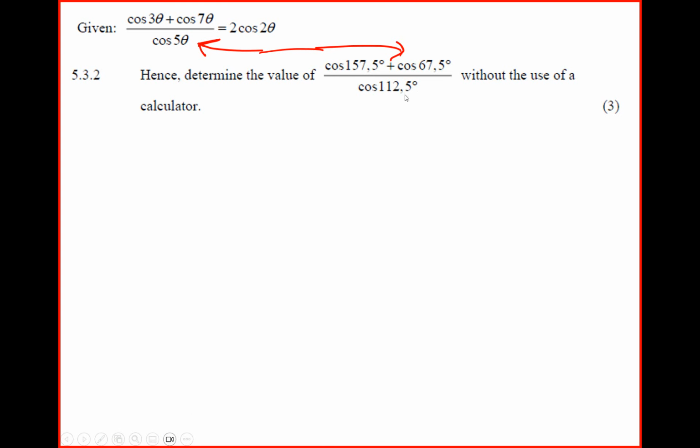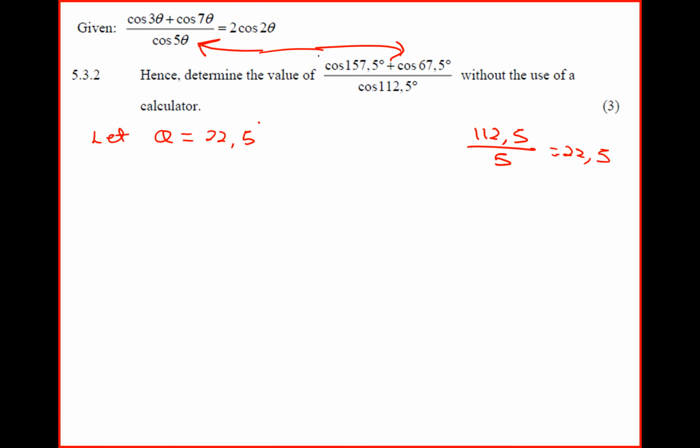Now I would like to write this as a 5 theta. So to be able to do that, I'm going to take my 112.5, and if I divide that by 5, that will actually give me 22.5. And then I'm going to say now, let theta equal 22.5.